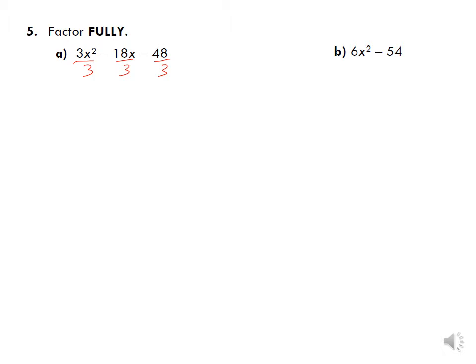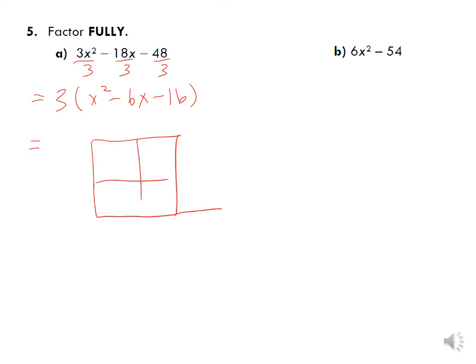So if we take out a greatest common factor of 3, that leaves us with x squared minus 6x minus 16. What's left in brackets is a trinomial, 3 terms, x squared, x, plain number. So we know that we can use the box or window method.